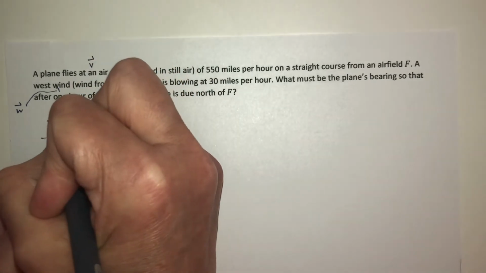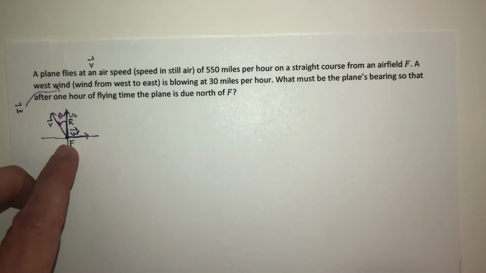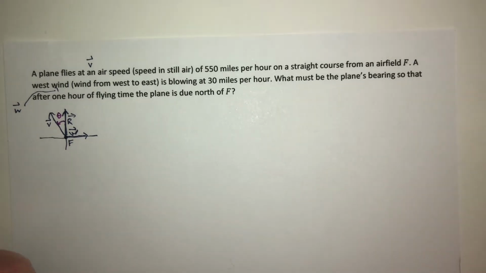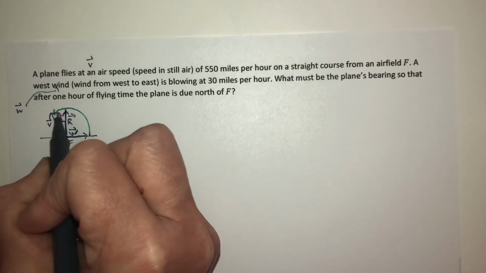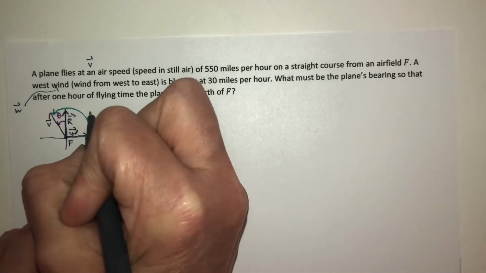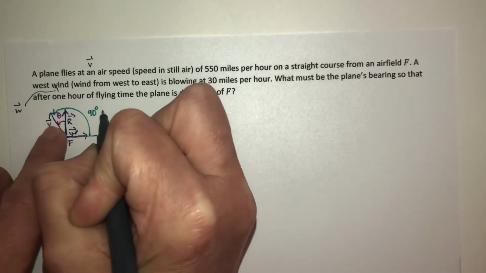And that degrees right there is that. So the angle from here over to here would be 90 degrees plus that angle theta.